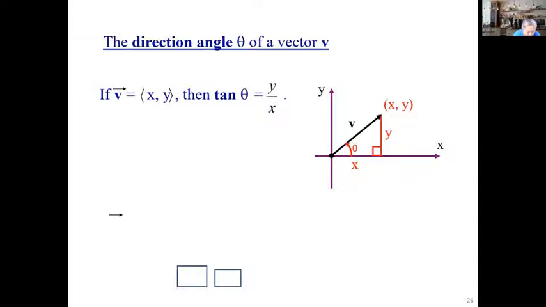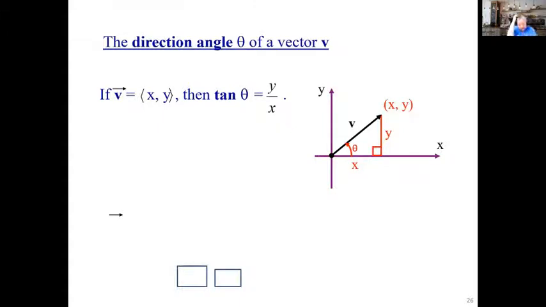If this is the case with the horizontal axis, the x-axis, and the vertical axis, the y-axis, and the vector v happens to be in quadrant 1, we can measure the horizontal length underneath the vector as a right triangle.